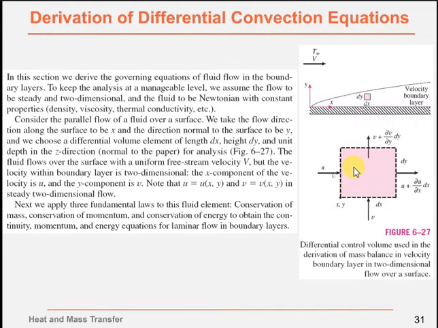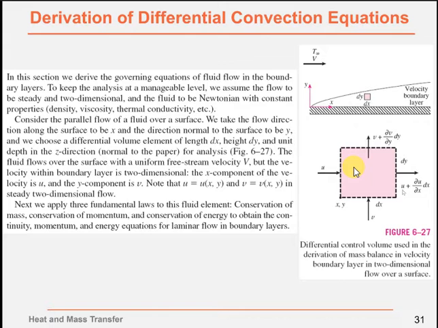Along the x direction, we name the velocity u. And for the left part of the control volume, the velocity is u for the fluid. And on this part, the velocity changes.